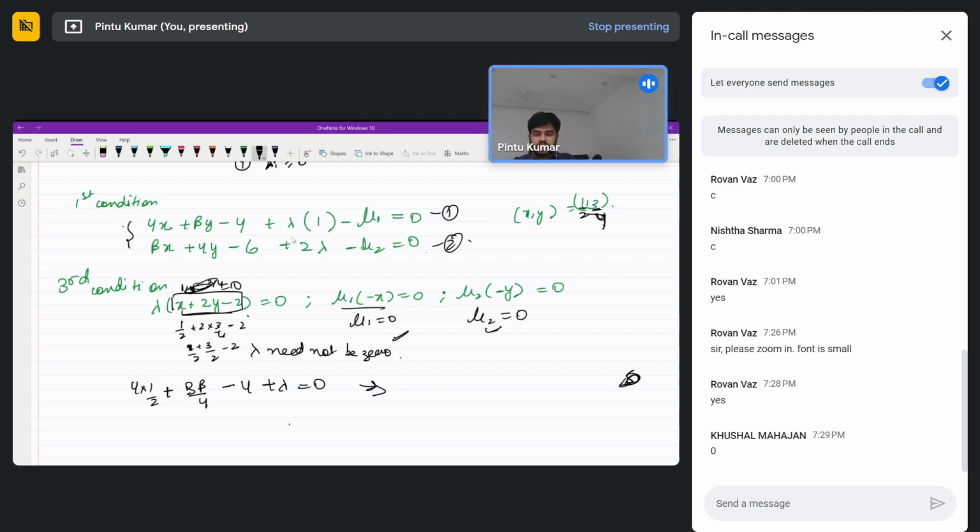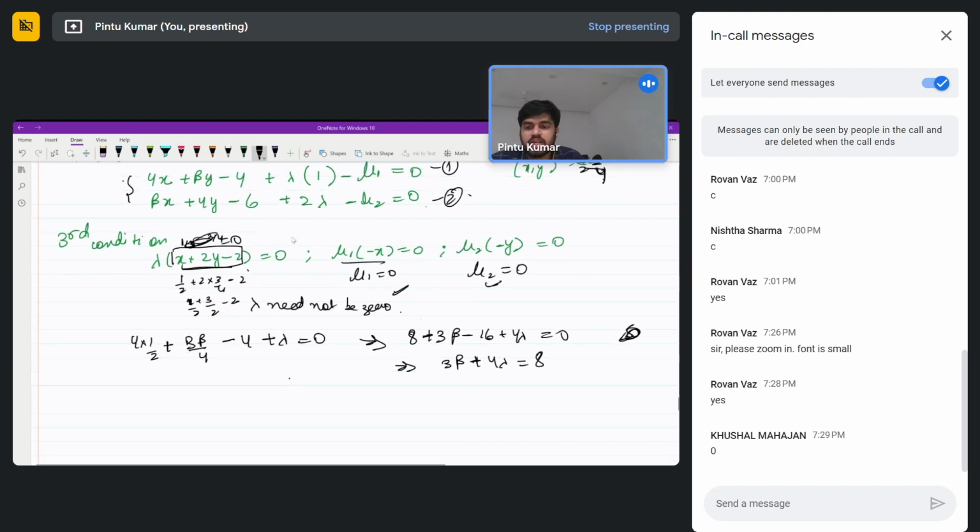So if we take 4 as LCM everywhere, this is 8 plus 3 beta minus 16 plus 4 lambda equal to 0, or this would mean that 3 beta plus 4 lambda is equal to 8, right?